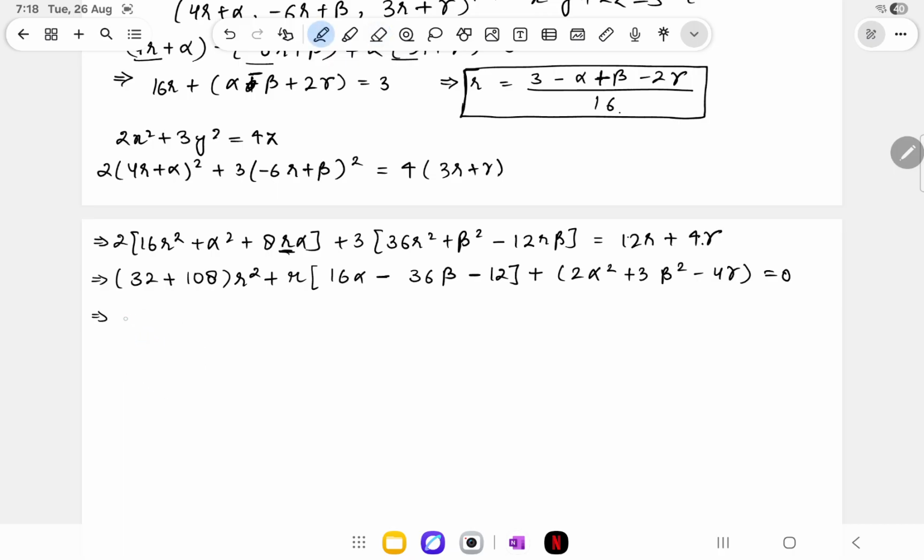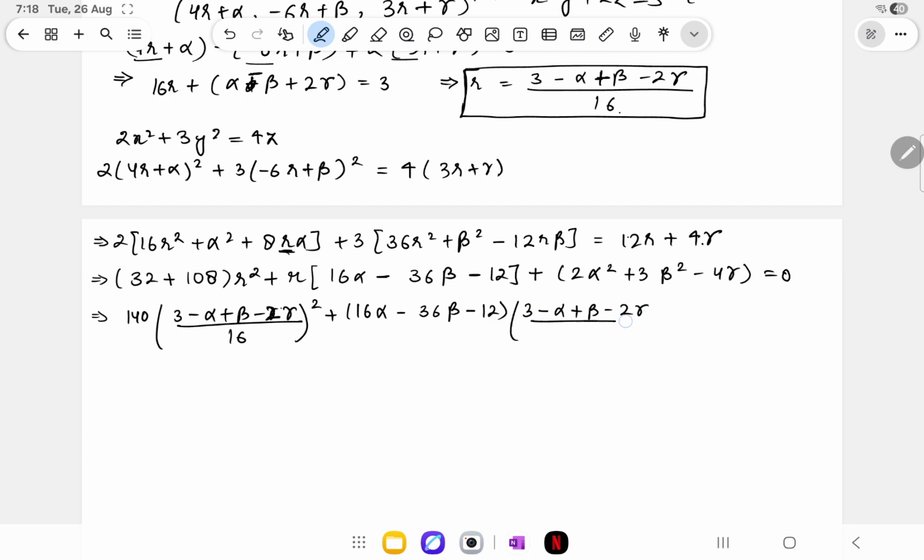So it is 140 r square, where r is (3 minus alpha plus beta minus 2 gamma) by 16, whole square, plus (16 alpha minus 36 beta minus 12) into (3 minus alpha plus beta minus 2 gamma) by 16, plus 2 alpha square plus 3 beta square minus 4 gamma equals 0.